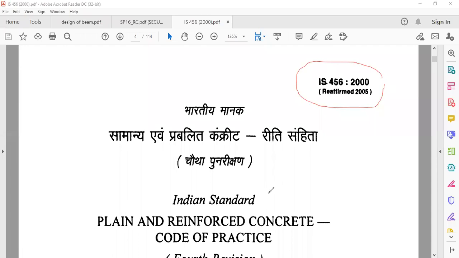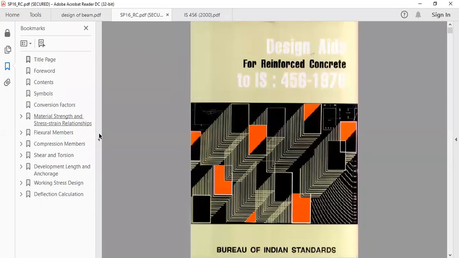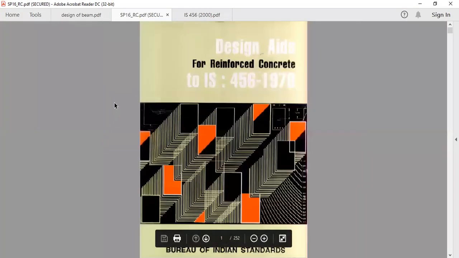And the name of it, plain and reinforced concrete code of practice. So this would be helpful many times. Apart from that, there is a design aid for reinforced concrete.